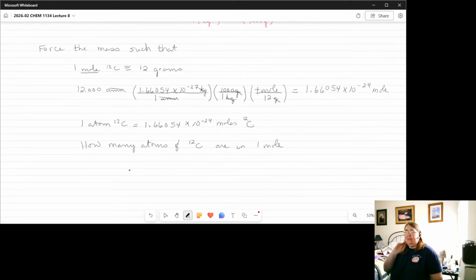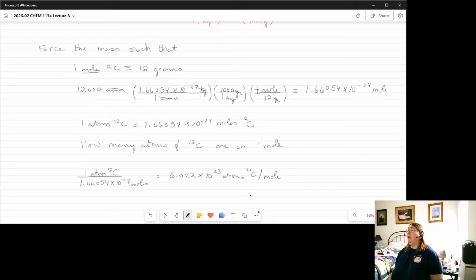So I need to get 1 on this side. So I take 1 atom of carbon 12, divide it by 1.66054 times 10 to the minus 24 moles. And I get 6.022 times 10 to the 23 atoms of carbon 12 per mole.